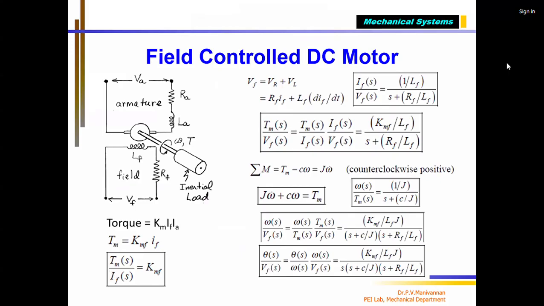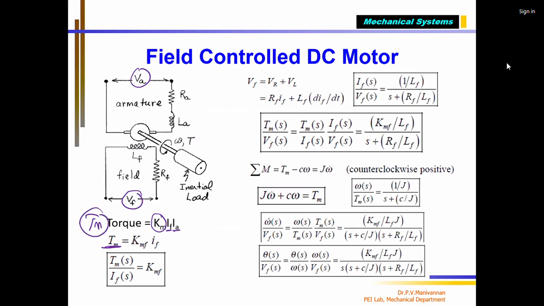Many times, if I want to control the speed or torque of the motor, the torque generated by the motor is proportional to the current supplied. So this is TM, from the current supplied by the armature coil and the field coil. One of them is going to be constant, and the other, IF or IA, will vary by varying the voltage. That means I can control the torque of the motor.